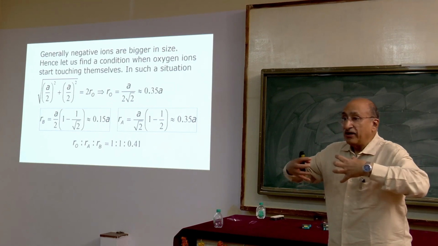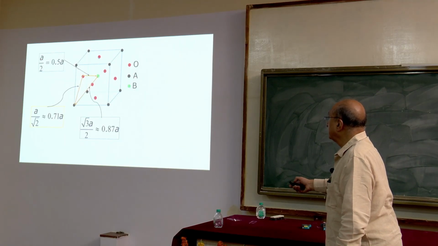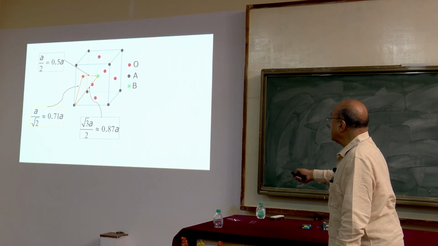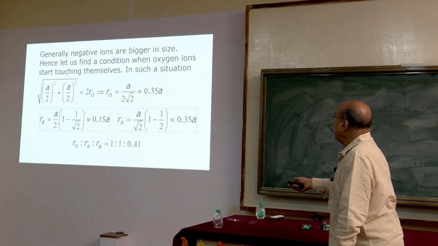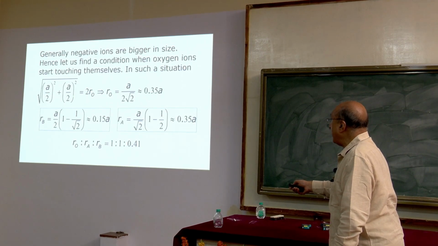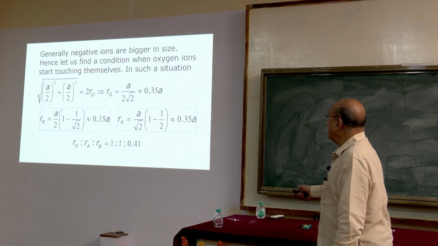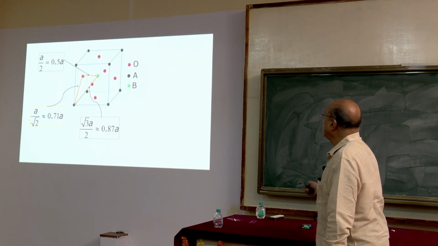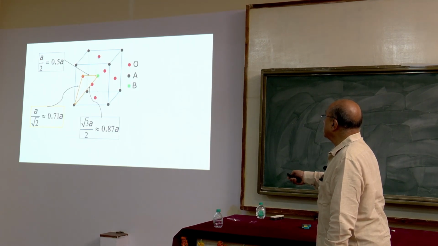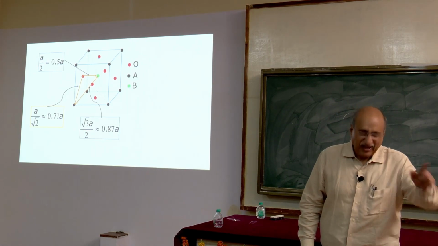Now, let's assume that these oxygen ions are also touching each other. Then you must have the distance between these two oxygen ions as a by 2 squared plus a by 2 squared, under root, of course.